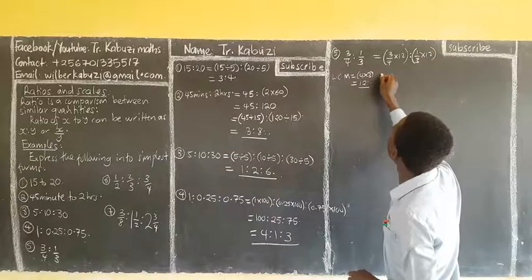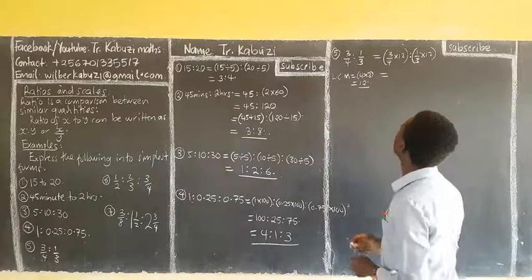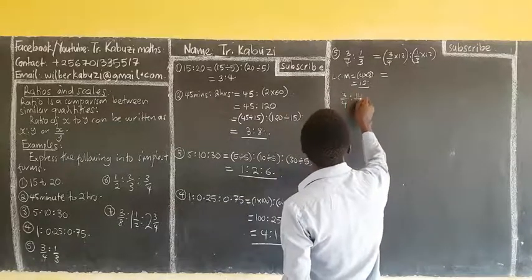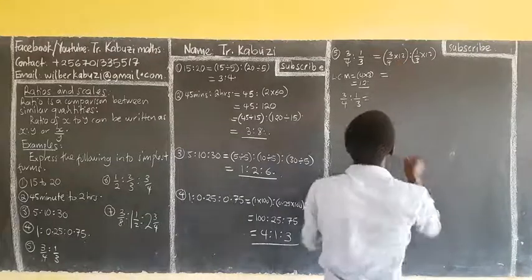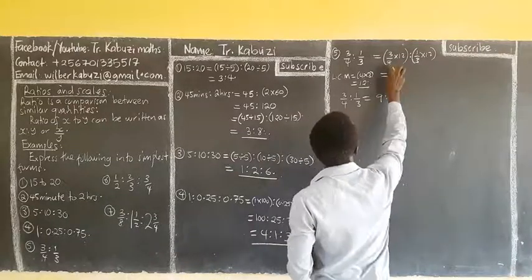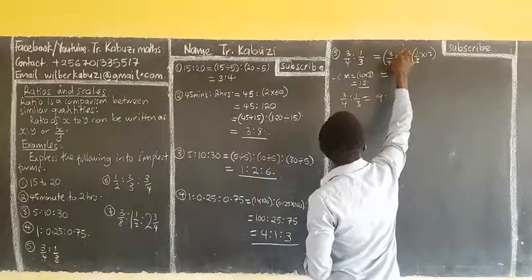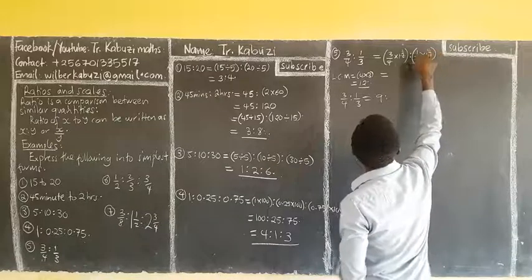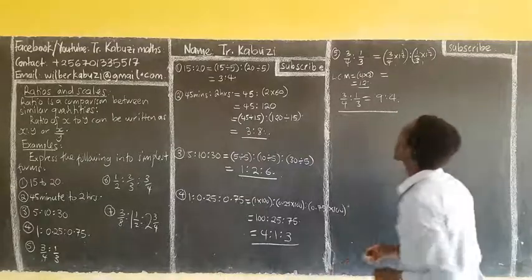Here by 12, we have 3, so there we have 9. And 1 over 3 times 12, 3 times this we get 4, and that is the simplest form.